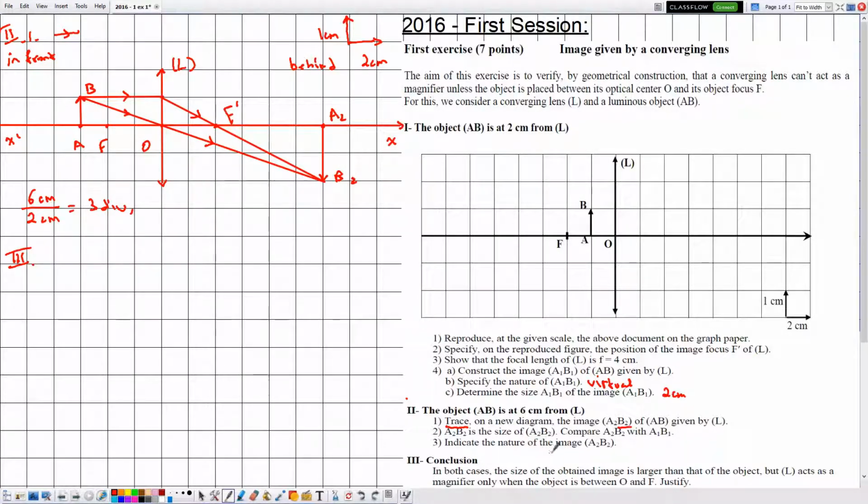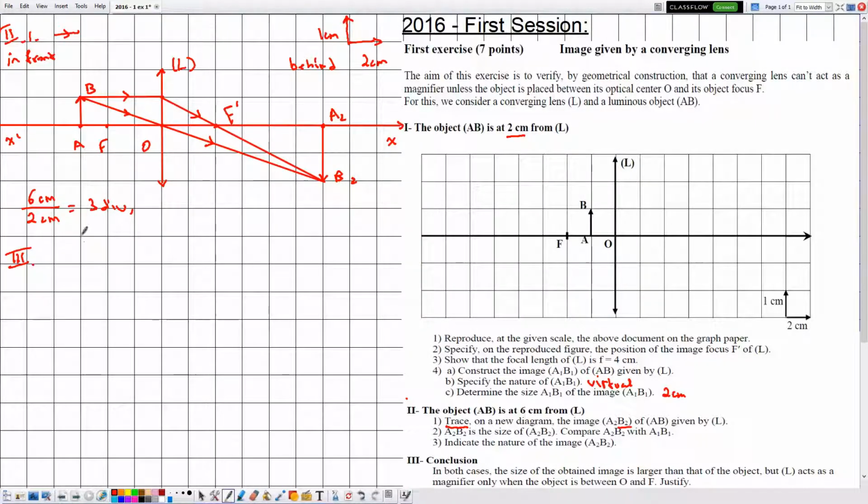Notice that when the object is between O and F, and this corresponds to the first position when the object is at 2 centimeters from L, we know that the image is virtual, and they told me that in both cases the size of the obtained image is larger. Therefore, for the first position, the image is virtual and larger in size.